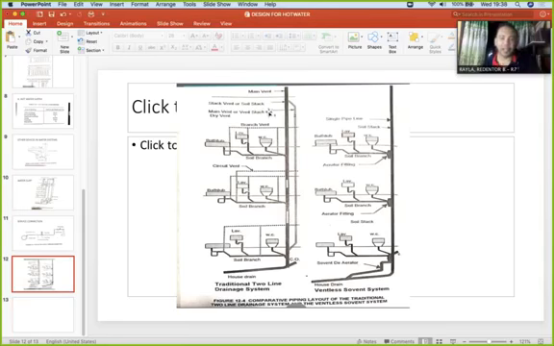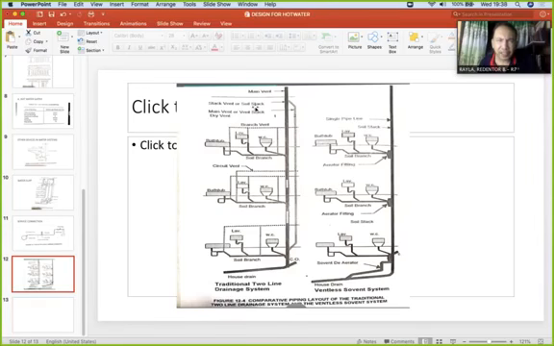You can have the stack vent, and if you reverse that, the vent stack, the smaller one, is the vent stack.